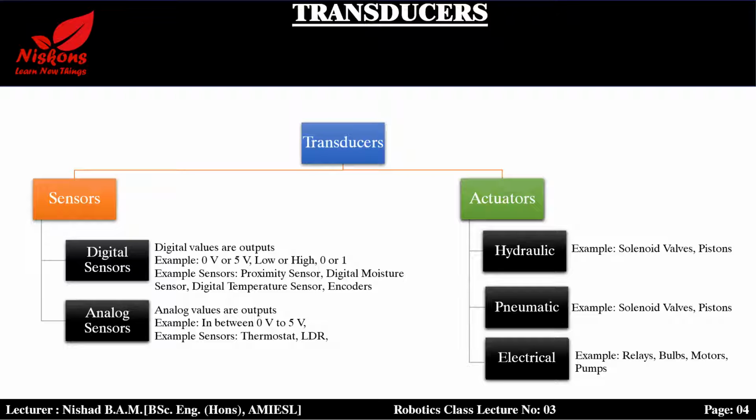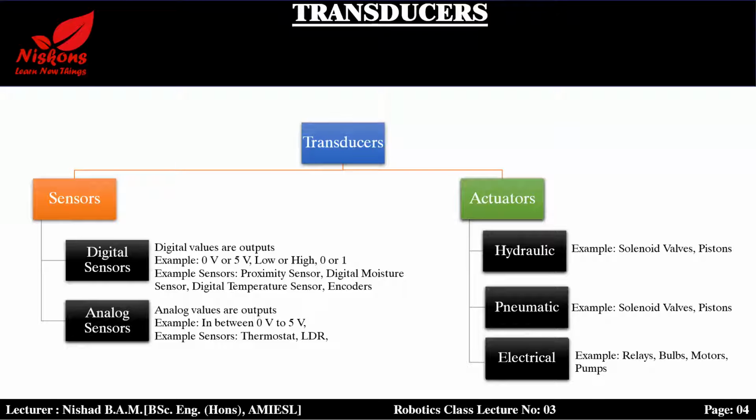So what will you do in order to eat the ice cream? You will bring your hand near to your mouth. Similarly, in electronics, like the nose, there are sensors which sense the environmental properties.